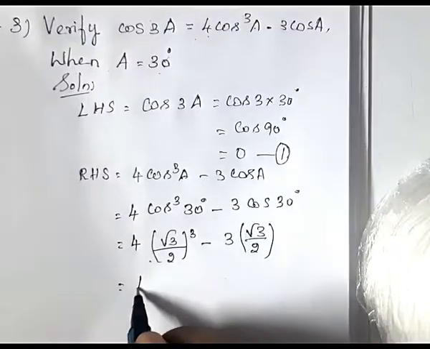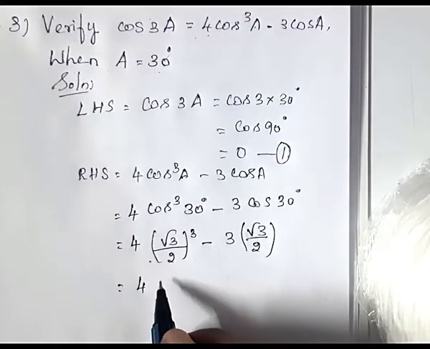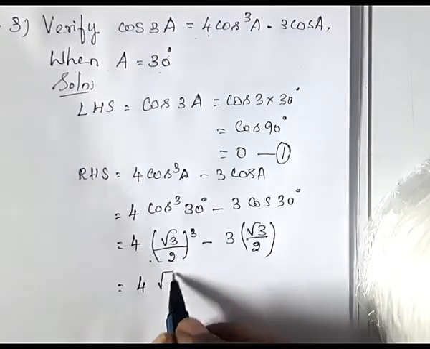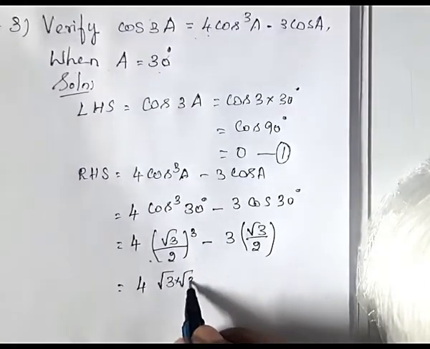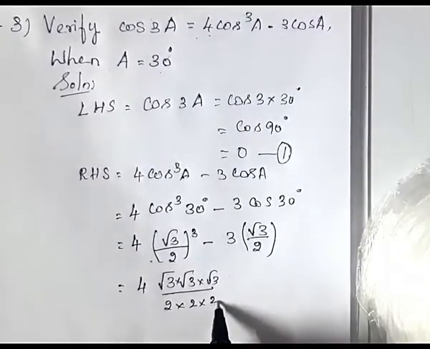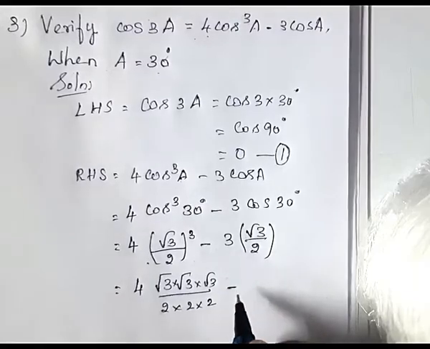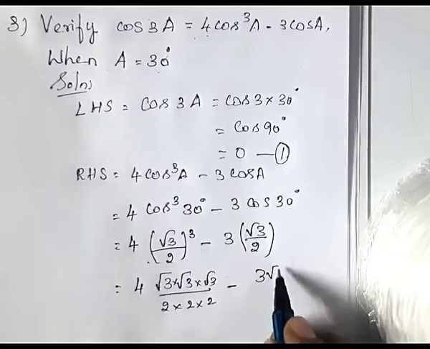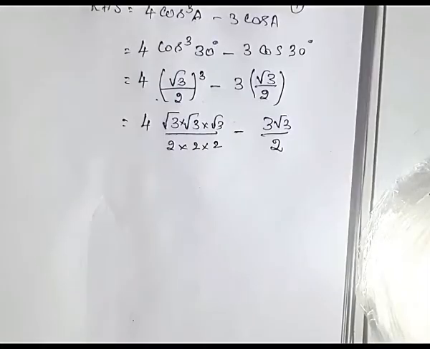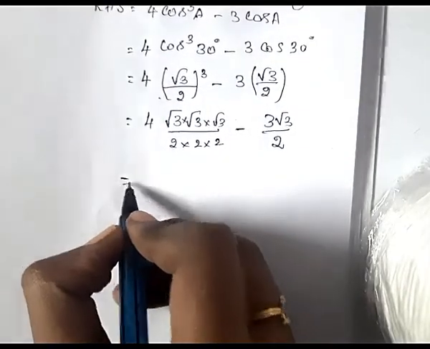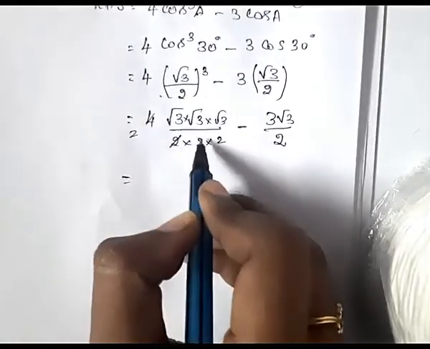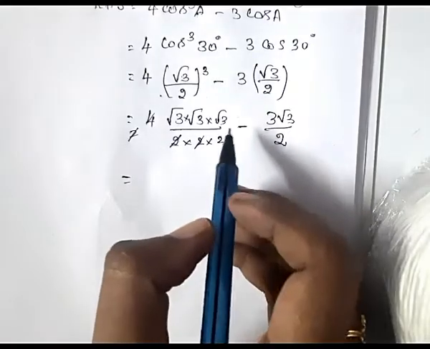And that is equal to 4 into, this you can write as root 3 into root 3 into root 3 by 2 into 2 into 2, minus 3 root 3 by 2. That is equal to, cancel it. 1, 2 is 2. Then again 2 is cancelled.